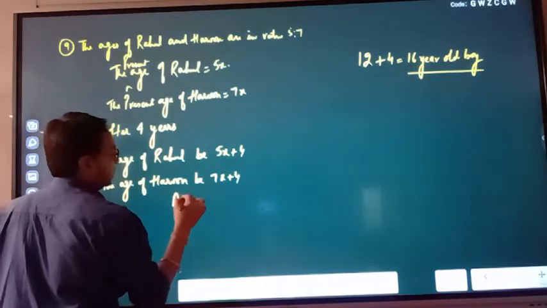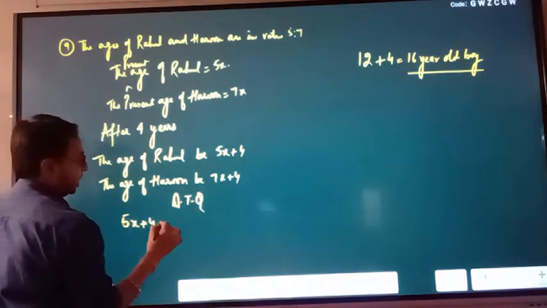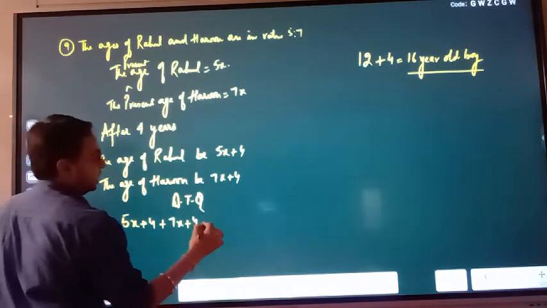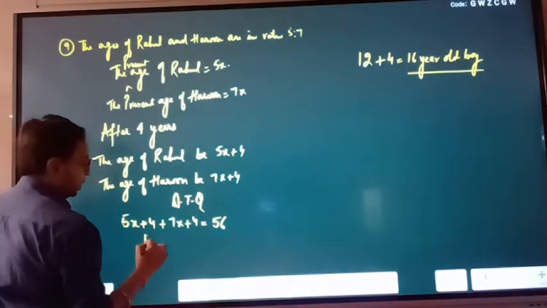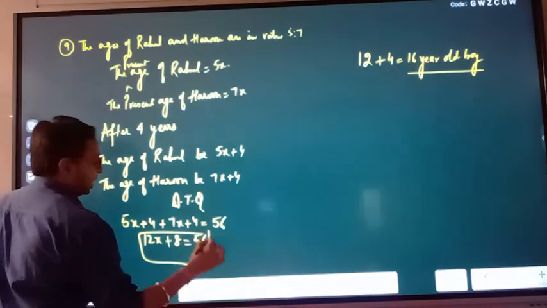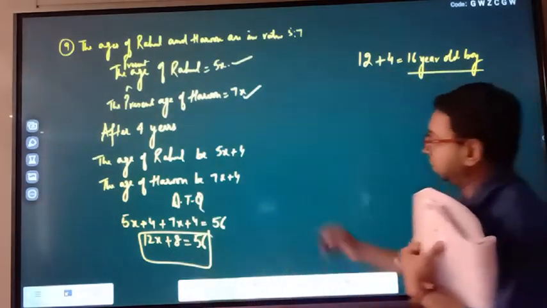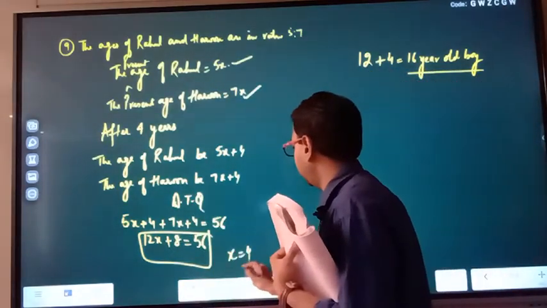Now according to the question, the sum of their ages will be 56, means 5x plus 4 plus 7x plus 4 is equal to 56, 12x plus 8 is equal to 56. Solve and get the answer. Definitely getting 4, I think. We'll be getting x is equal to 4 here.